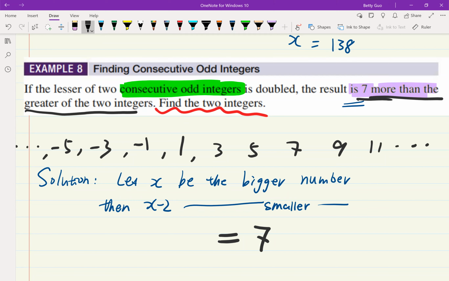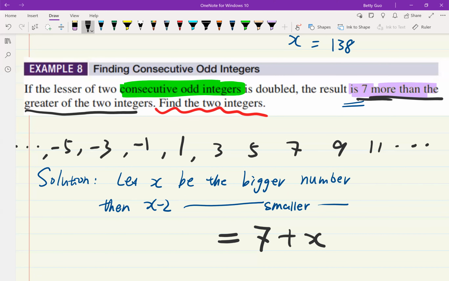Which number is the greater one? X minus 2 is the bigger one? X is the bigger one. You see that? X is the bigger one, right? 7 more than X. Do you see that? Yes or no? Okay.